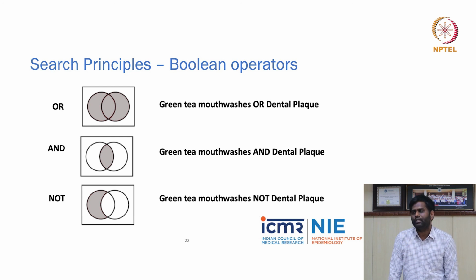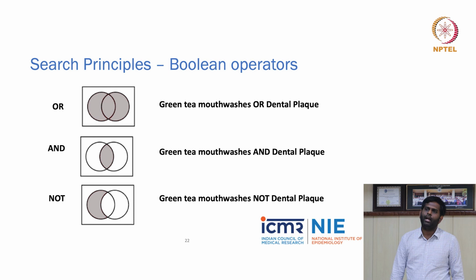If I use an OR function between these two key terms, it includes articles which speak about green tea mouthwashes as well as about dental plaque. You can see there are some articles which only talk about green tea mouthwashes but not about dental plaque, and there are also articles which talk about dental plaque but not about green tea mouthwashes. All this will be reflected in the search when we use an OR term.